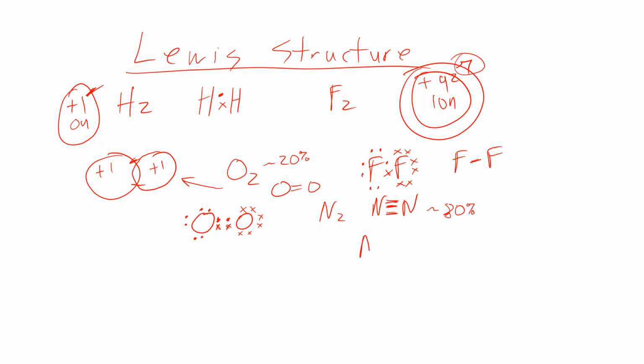Representing this with triple bonds would be really, really tough with the overlapping Bohr models, but with electron dot notation we can do this okay. So there's nitrogen, 1 electron from the left one.